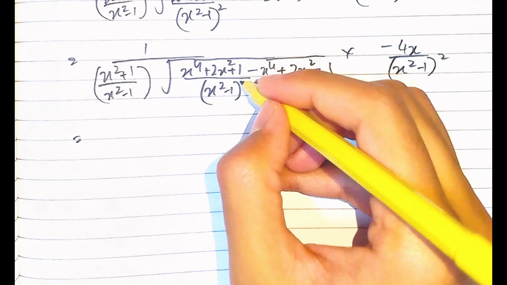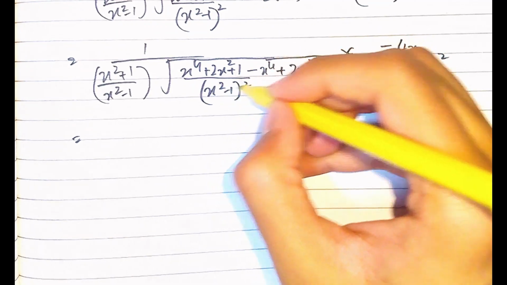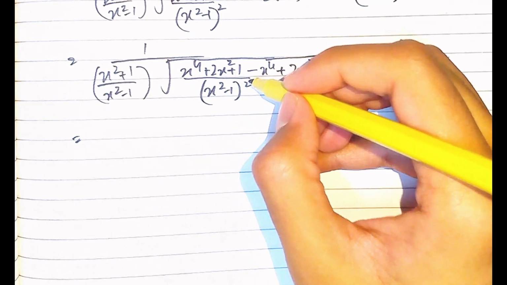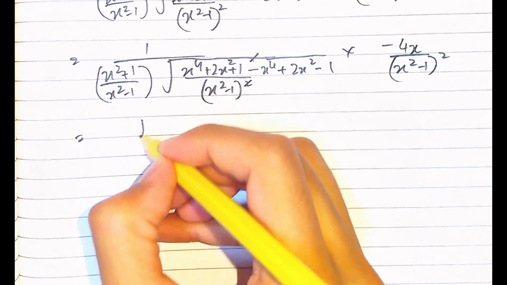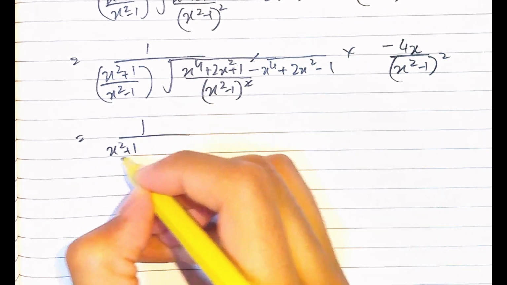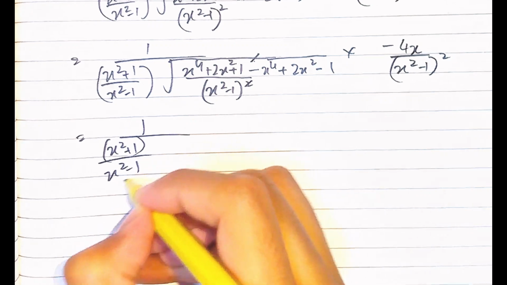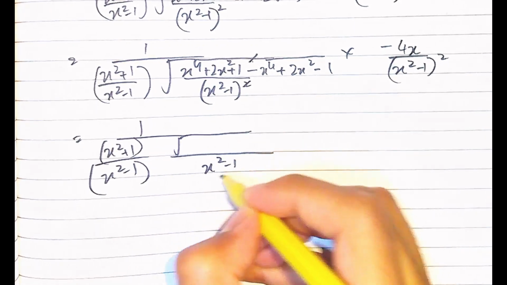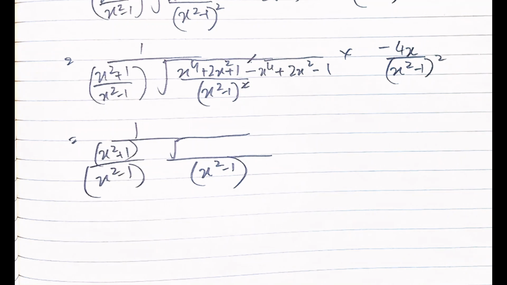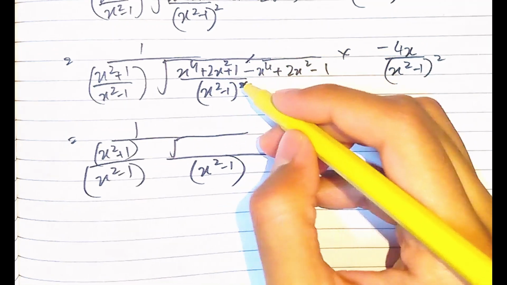So we can see that this x square minus 1 whole square is present under the denominator, right? So we can cancel this square root by this square. So we are left with 1 divided by x square plus 1 over x square minus 1 square root divided by x square minus 1. Okay, so the square root actually just cancelled out from the denominator.